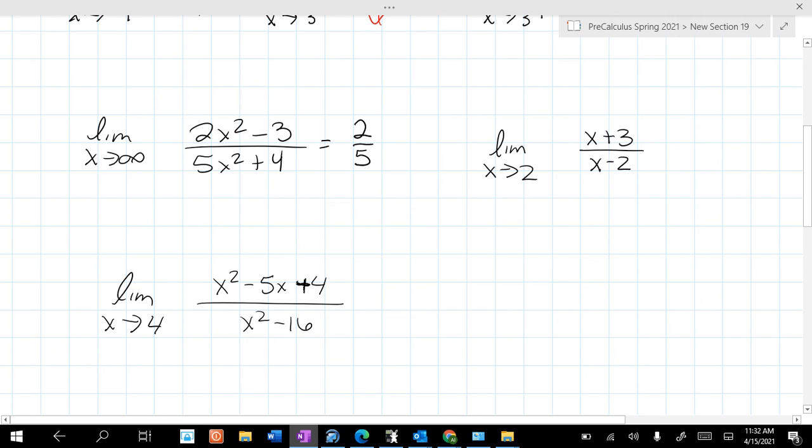What if the powers aren't the same? Then you do that thing that I just said. But they are the same, so. Yep. So that's only if they go towards infinity or negative infinity do you do that.